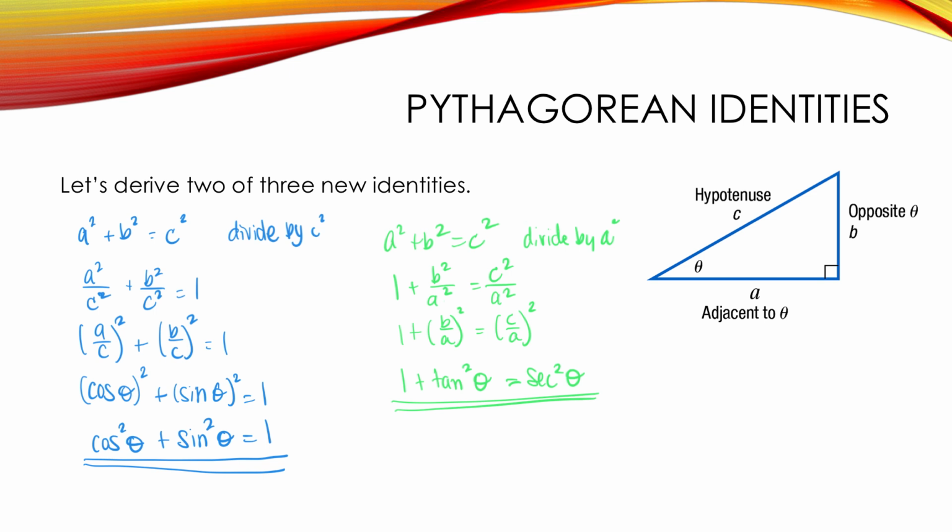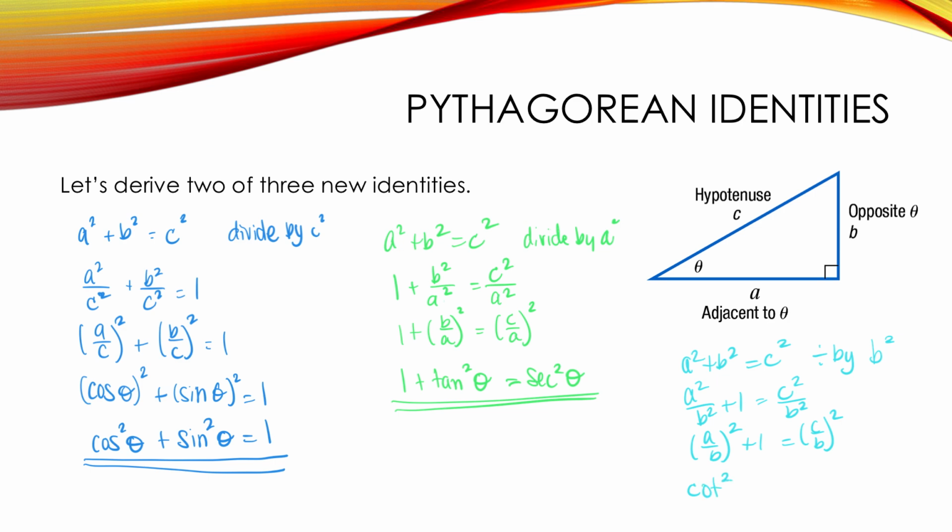And as you can guess, for the third one we're going to divide by B squared. So it will be A squared plus B squared equals C squared, and now divide by B squared. So A squared over B squared plus 1 equals C squared over B squared, or A over B, quantity squared, plus 1 is equal to C over B, quantity squared. A over B is adjacent over opposite, the reciprocal of tangent, which means this is cotangent squared.